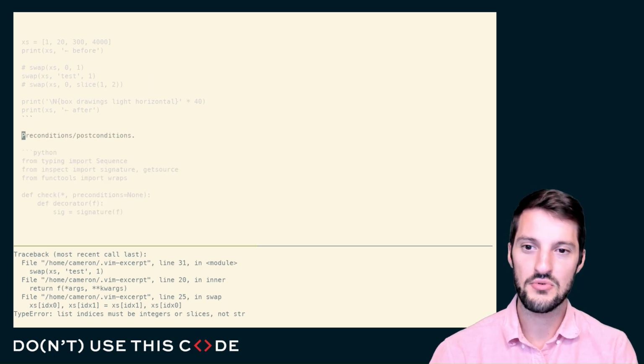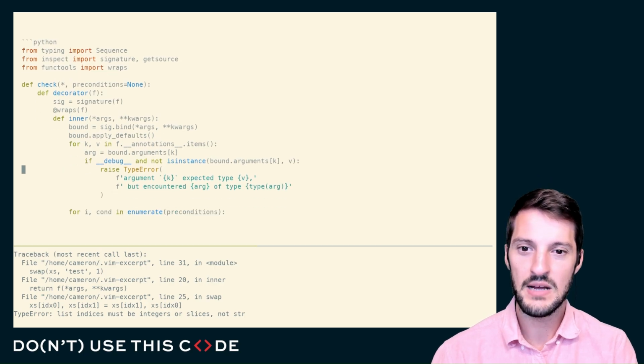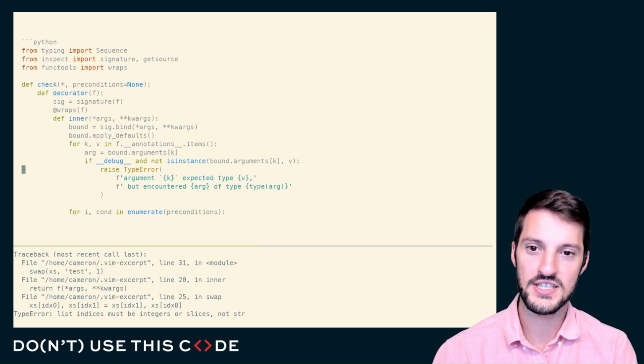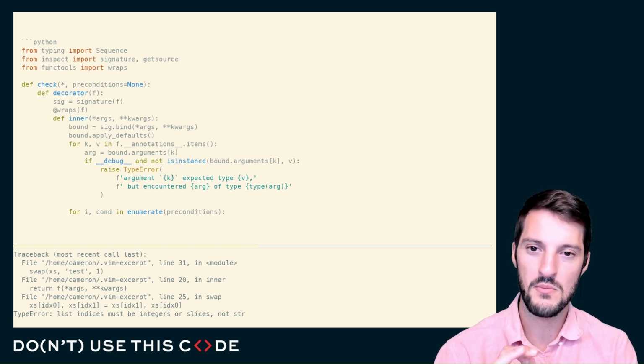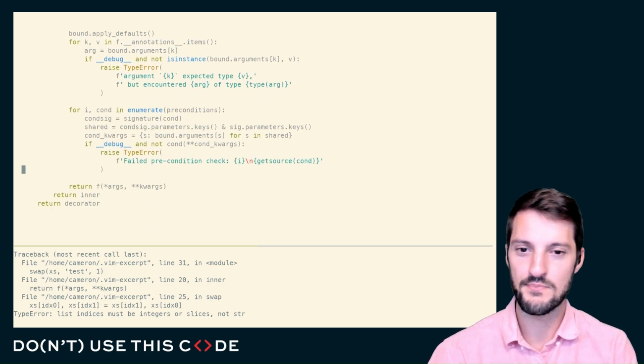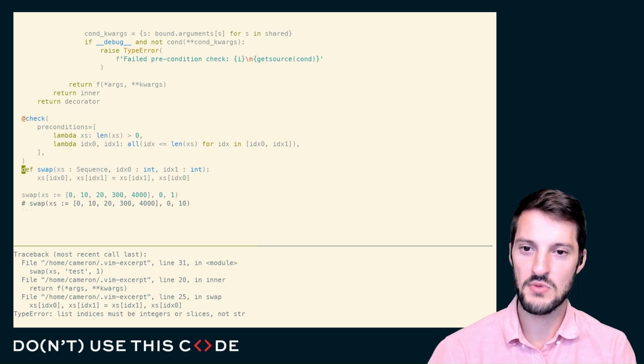We can supply preconditions and postconditions. In this example, I'll focus just on the preconditions though, but we can take our check decorator that we just wrote, and we can make it a little bit stronger. I can make it a little bit more dynamic. Specifically, I can actually examine the call signature of my swap function, and I can dynamically inject arguments into predicates.